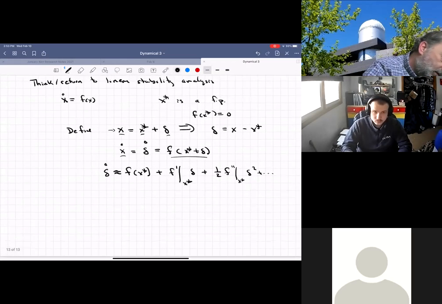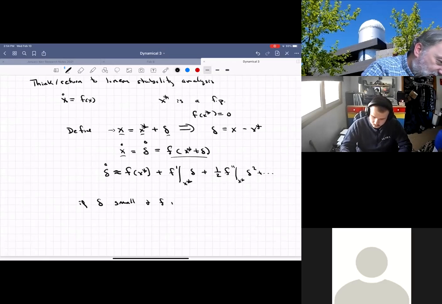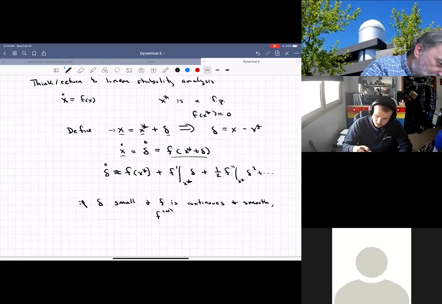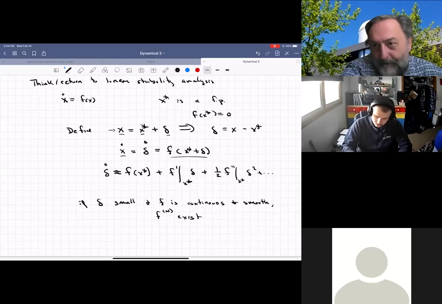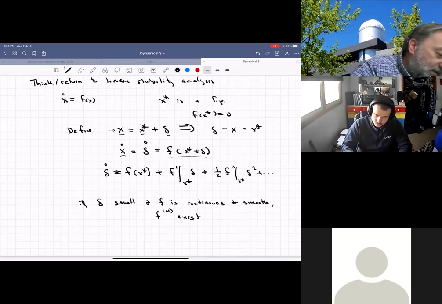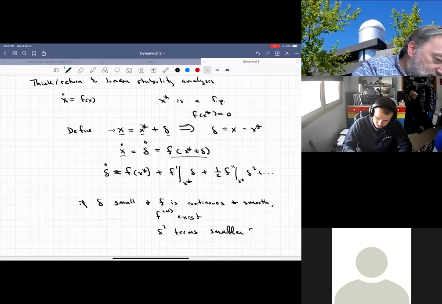Now, if delta is small and F is continuous and smooth, which means that all of the derivatives exist and don't blow up, then delta squared terms are smaller than the delta terms.